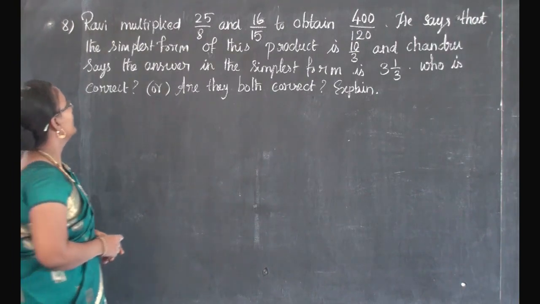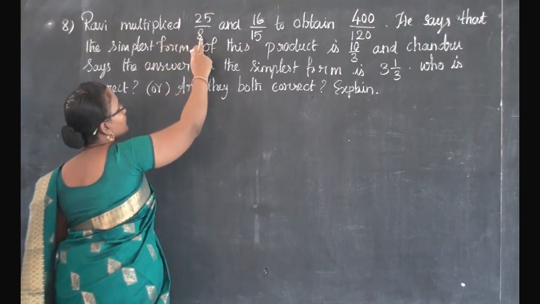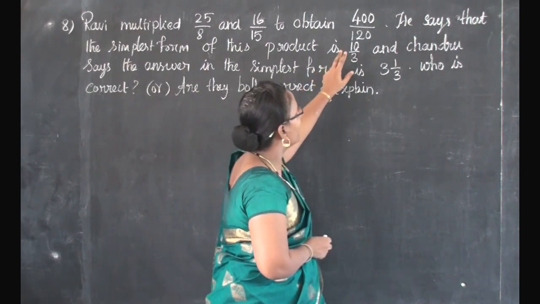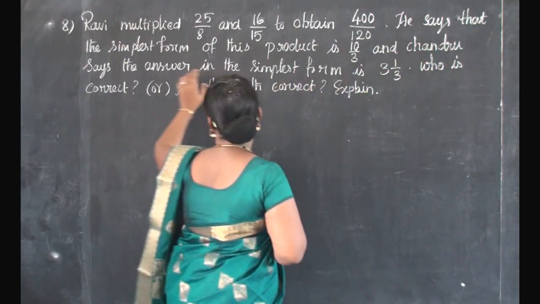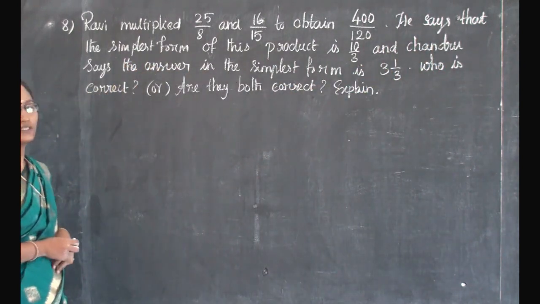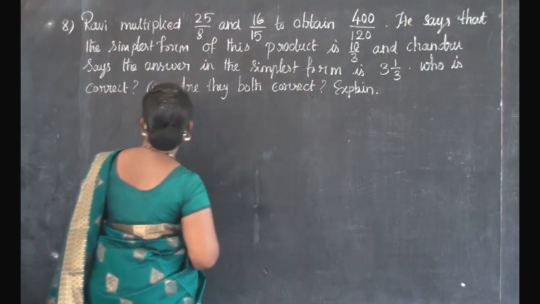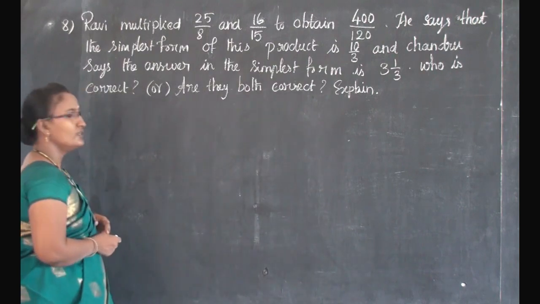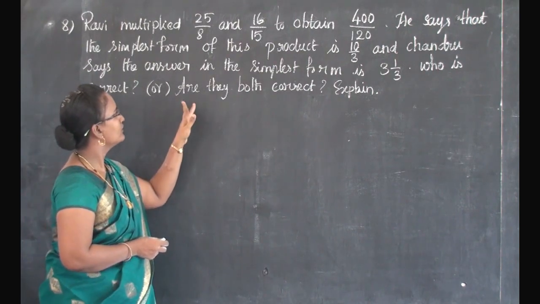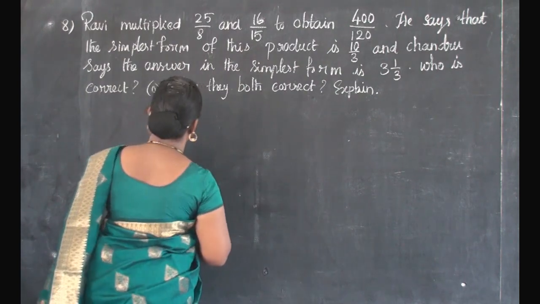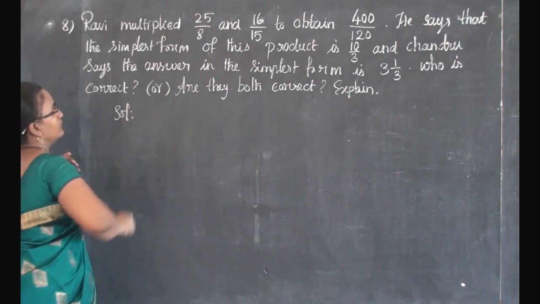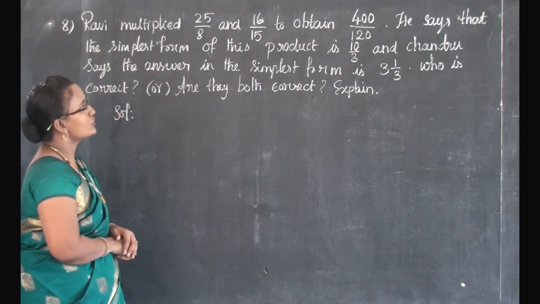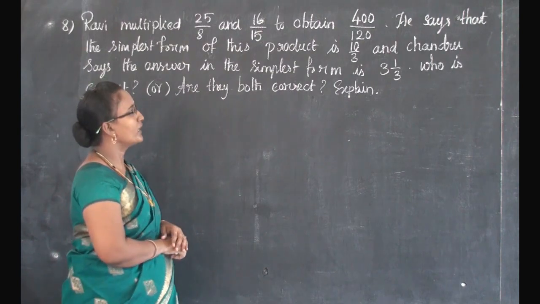Now the eighth one. Ravi multiplied 25 by 8 and 16 by 15 to obtain 400 by 120. He says that the simplest form of this product is 10 by 3 and Chandru says the answer in the simplest form is 3 1 by 3. Who is correct, or are they both correct? Explain. Listen here. If you multiply 25 by 8 and 16 by 15, we get 400 by 120.